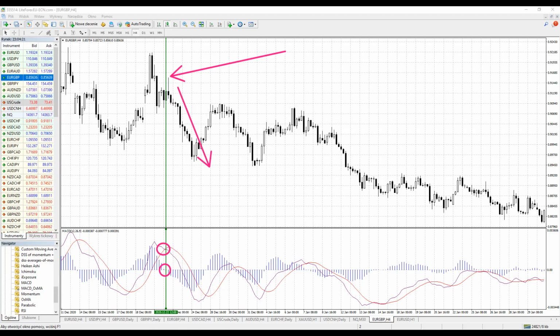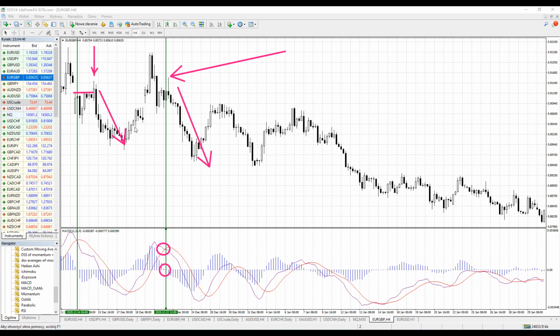Another cross we've seen when it comes to the lines is over here, okay? And before that we saw the move to the downside, right? As you can see, for a few candles over here we had a stop run to the upside, okay?